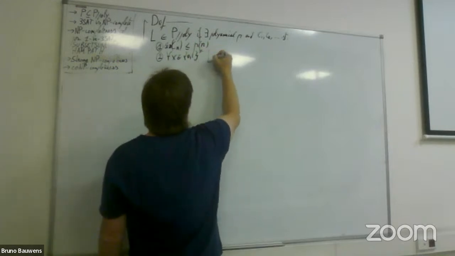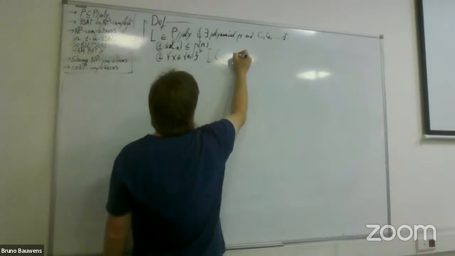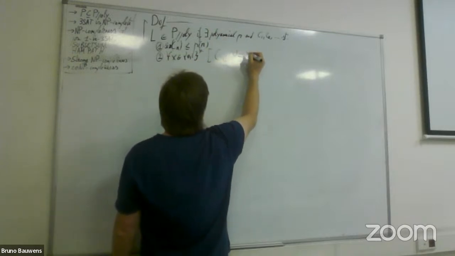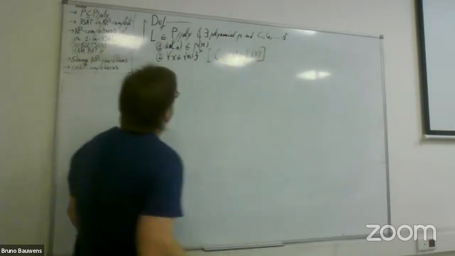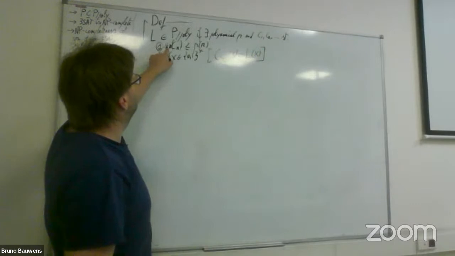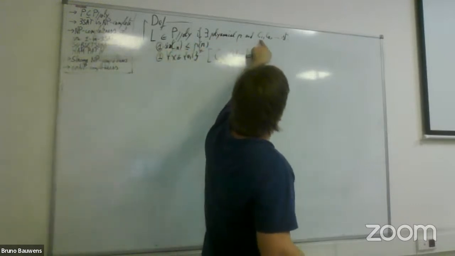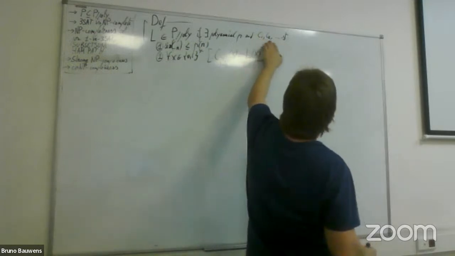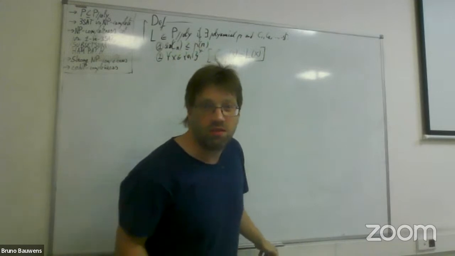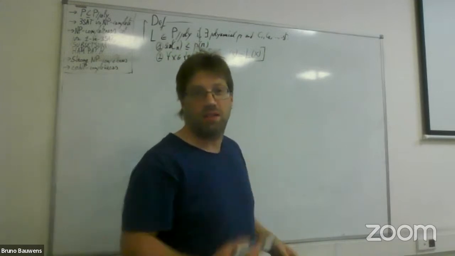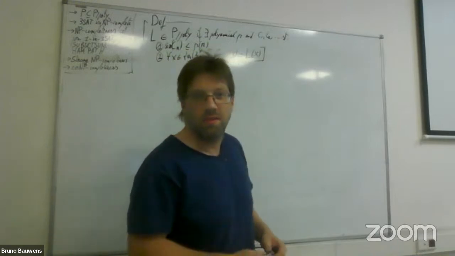Yes, a polynomial p, and this is such that C1, C2, and so on. Is it clear on the screen? I think so. A little bit small. I will write a bit bigger.